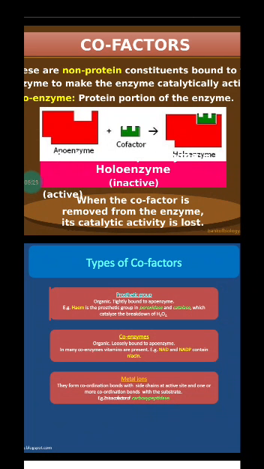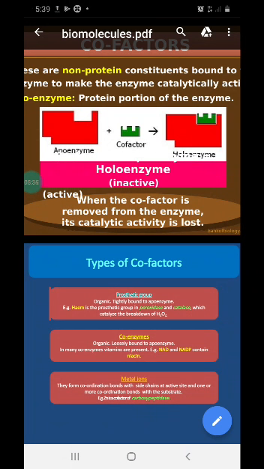Prosthetic groups are very tightly bound to the apoenzyme. For example, heme is the prosthetic group in peroxidases and catalases, which catalyze the breakdown of H2O2. And coenzymes are loosely bound to the apoenzyme, and in many examples, vitamins form part of the coenzymes. For example, NAD and NADP, which contain niacin.